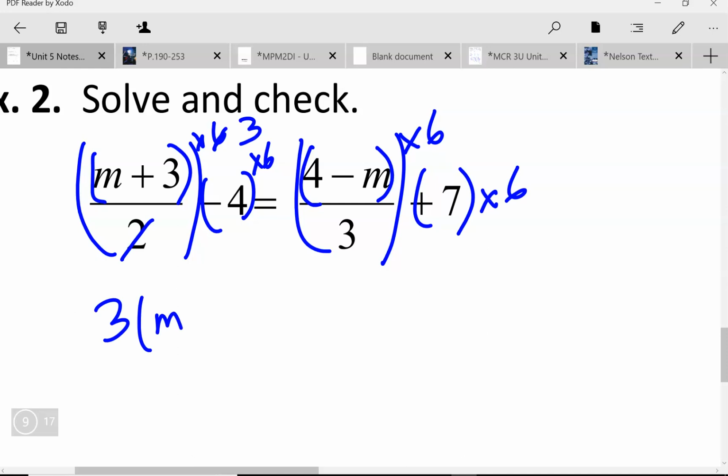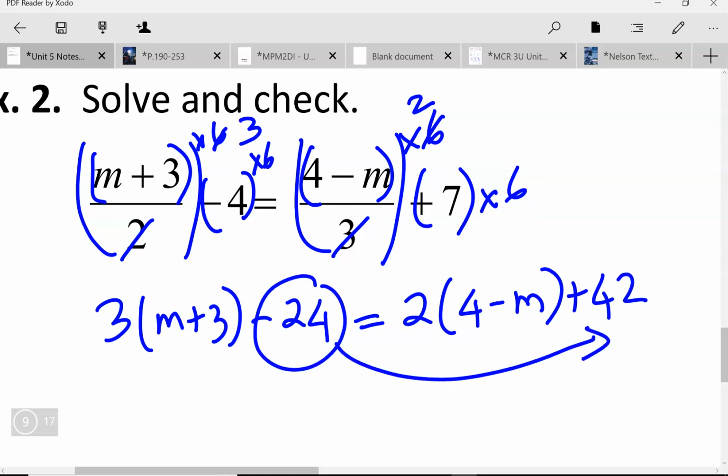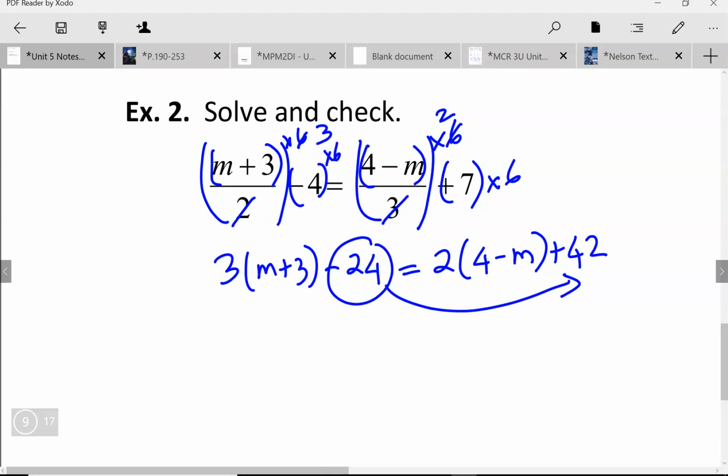3 bracket m plus 3 minus 24. You could have moved the 4 alone to this side and made it 11 and then multiplied it by 6. It's the same thing. Equals 2 bracket 4 minus m plus 42. And now I'm going to move this 24 over here and I get 66, which is what I would have got anyway.